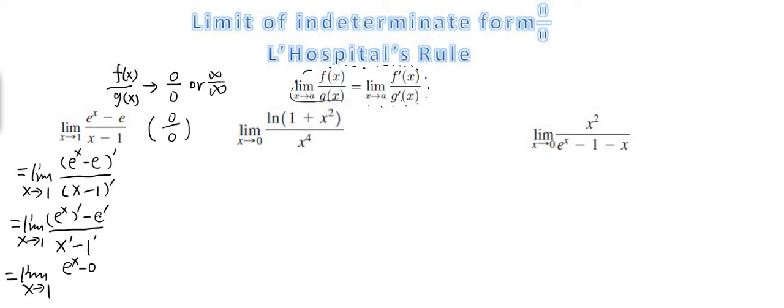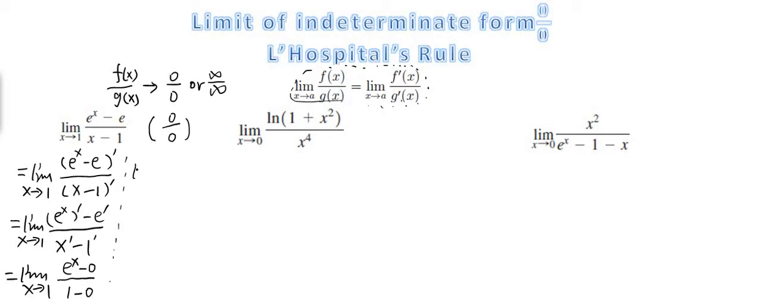You just need to check whether there is a variable. If there is no variable like x or y, it should be a constant. And the derivative of x equals 1, so we have 1 minus 0.